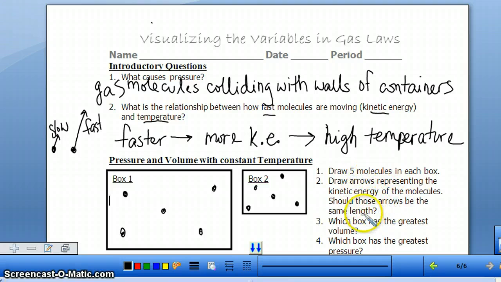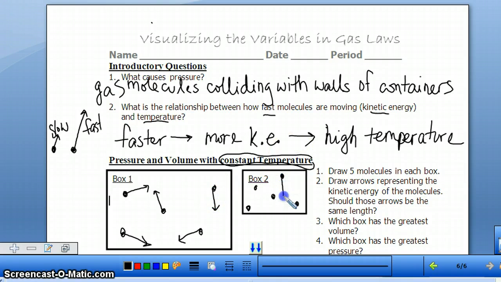Should those arrows be the same length? Well, if the temperature is constant, that's a yes. So I'm just going to sort of draw medium, and we know that gas particles move independently and randomly, so they're going to move in all sorts of directions.